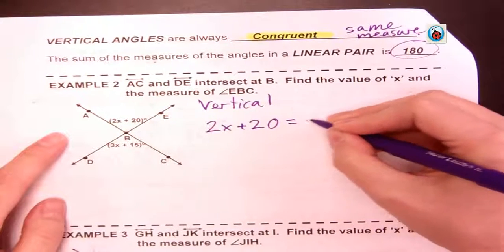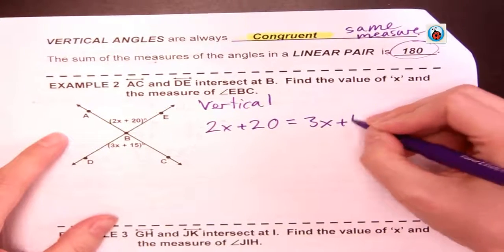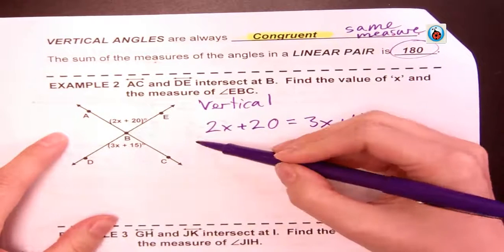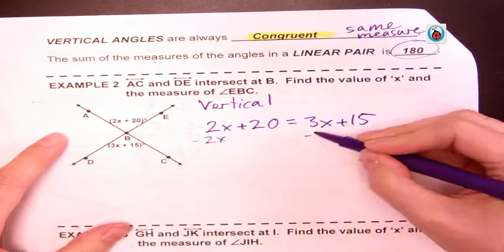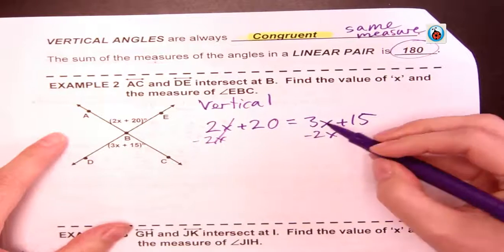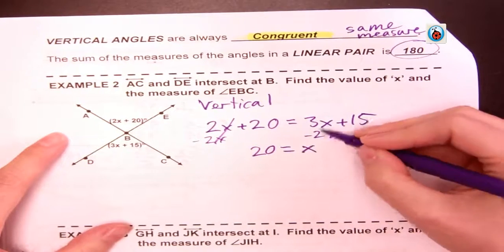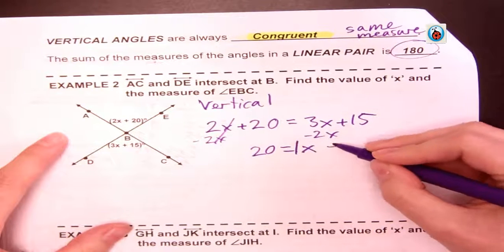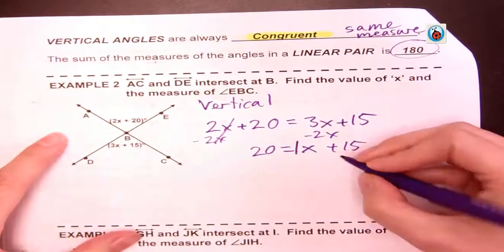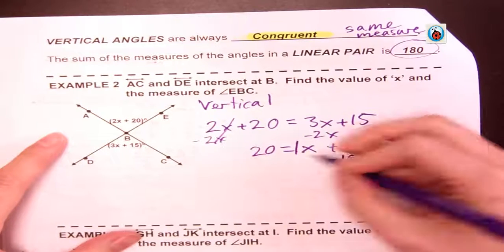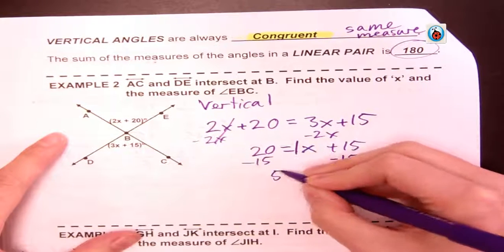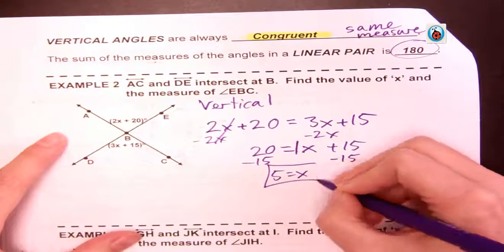So 2x plus 20 equals 3x plus 15. And then we solve. So we subtract 2x to cancel it out there, carry down the 20. That cancels out to just 1x plus 15. I subtract the 15 to get 5 equals x.